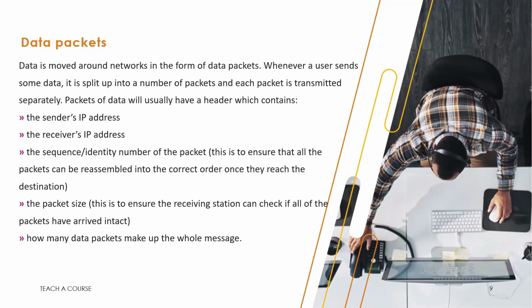This is to ensure that the packets can be reassembled in the correct order once they reach the destination. That's very important. And the packet size, this is to ensure the receiving station can check if all the packets have arrived intact. Then, how many data packets make up the whole message?